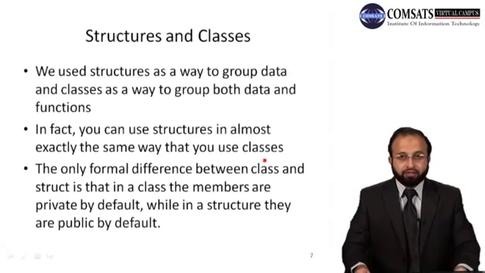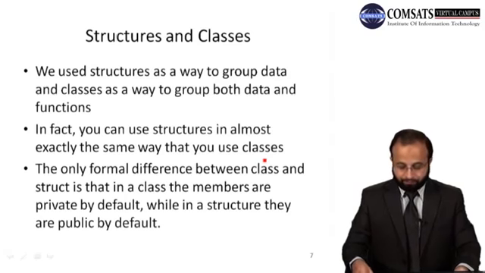So in classes, if you don't mention any access specifier like public or private, then the member functions or data members are considered to be private. But in a structure they are public. So if you have to mention that in a class definition the functions should be public, then you have to use the keyword public before these functions.